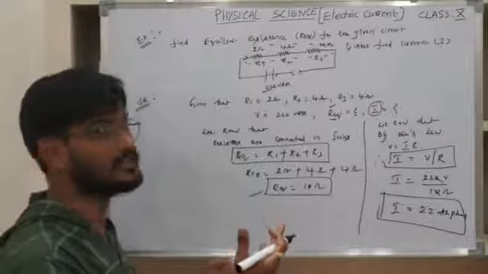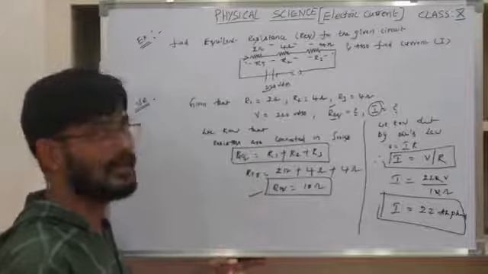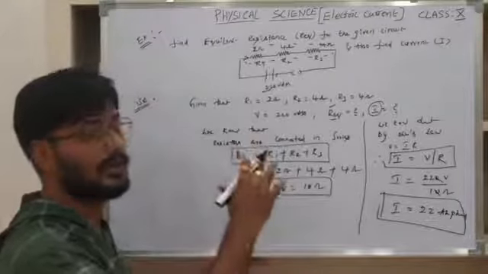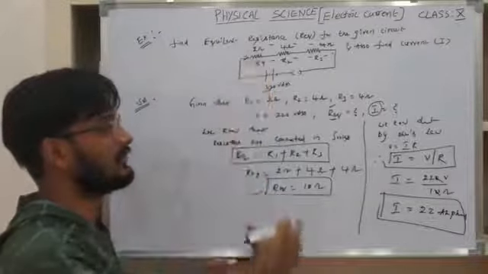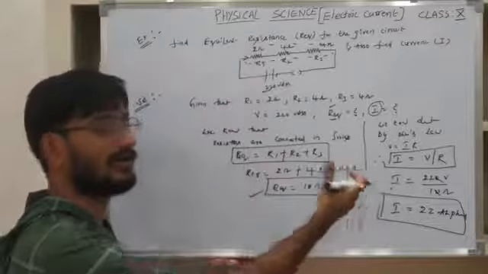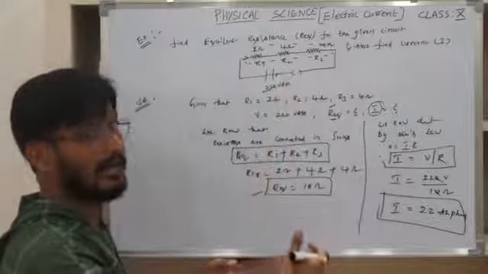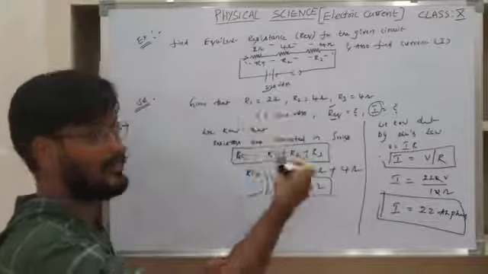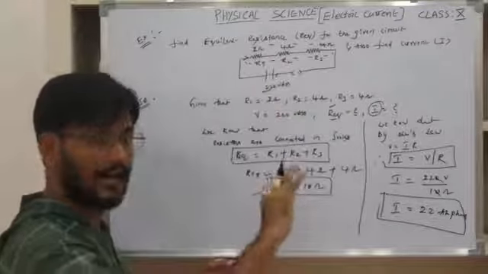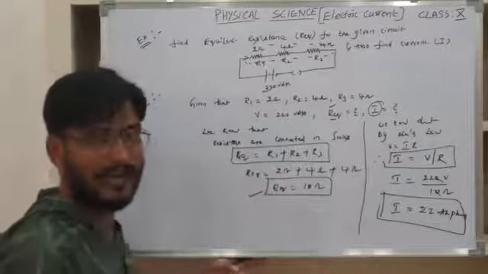In this class we discussed the series circuit: how to calculate the equivalent resistance and the current. Next class we will calculate the equivalent resistance when the parallel circuit is given and how to calculate the current. Okay. Thank you.